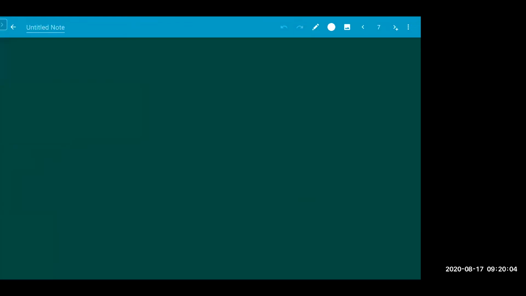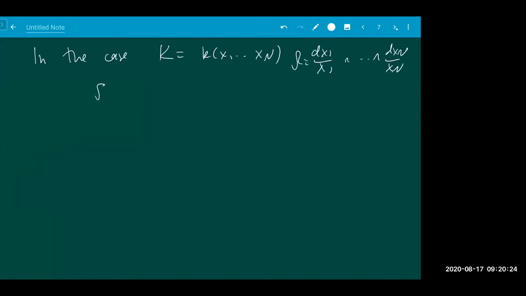Namely, in the case when K is equal to my main example, and with volume element, we can consider not only the preimage of -1, but also of 0.